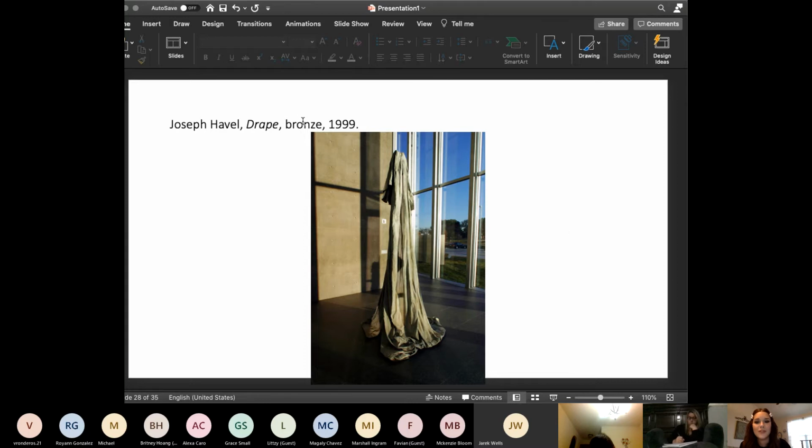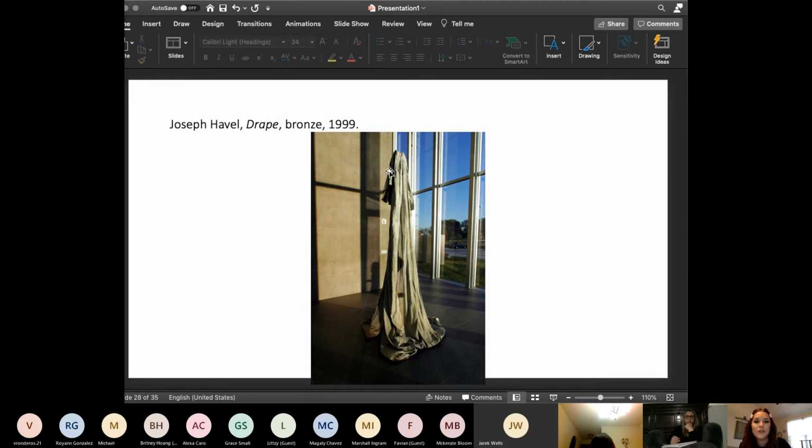The medium for this piece is going to be very important. Bronze is a metal, drapes are not. So once again, contrast are two opposing forces near each other. The art piece here is that sculpture right in the center, not the background, not the building. The art piece is here.